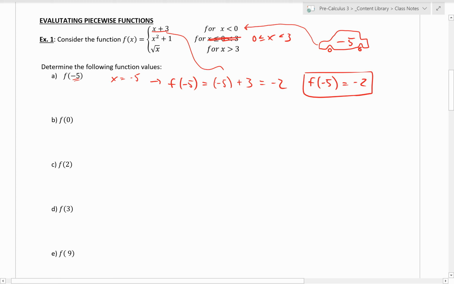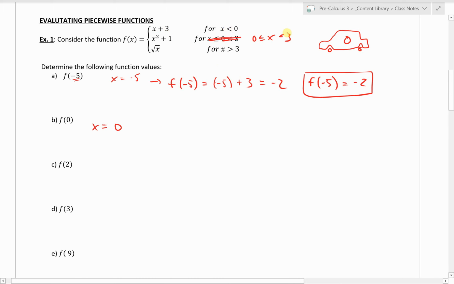Okay, so pick your domain value, whatever domain value you're plugging in, come over to the right to make the decision about which piece you should go into. So if we look at f of 0, now I'm in the 0 car. So if x equals 0, then the 0 car has to look at these lanes and be careful here. The top lane is for x values that are strictly less than 0.